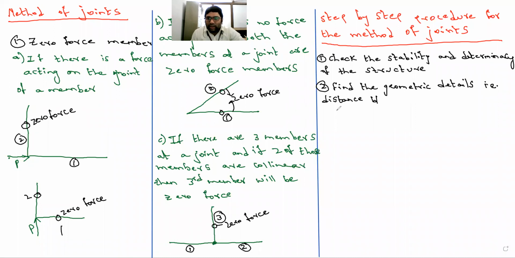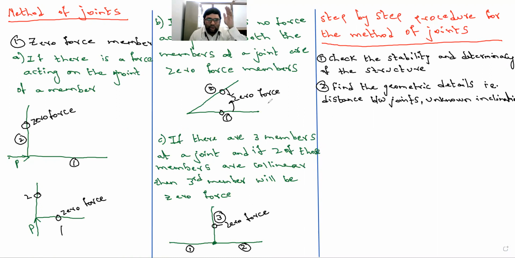Instead of saying members, let us say distance between joints. So that is the second step, which means we need to know the distance between each joint.